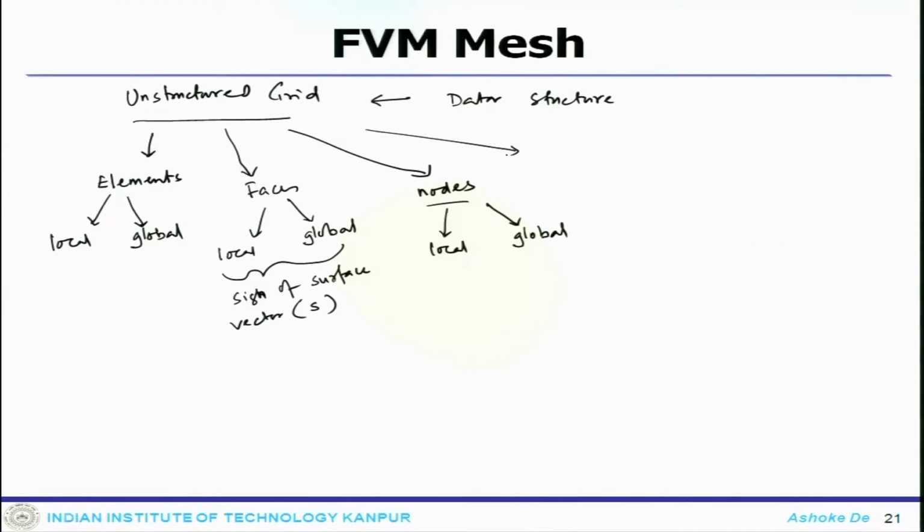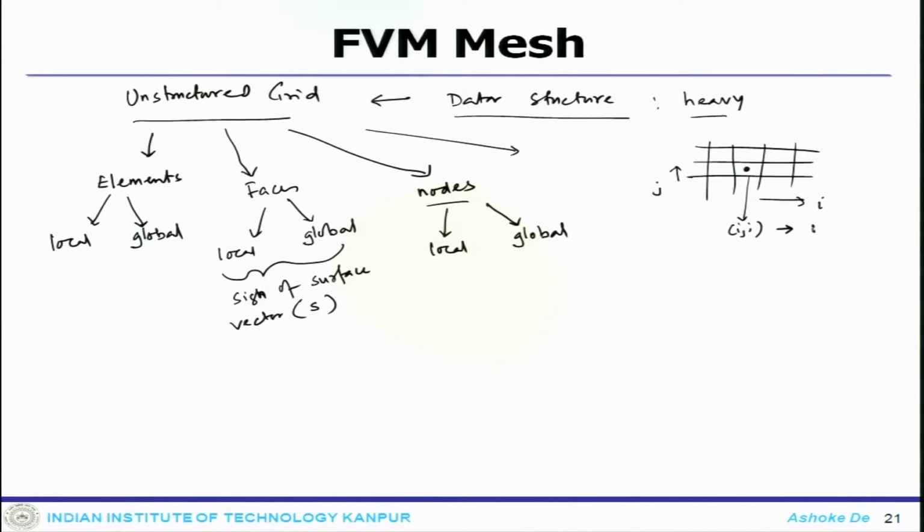So, if you see the handling of the data structure from a programmer's point of view, it is quite heavy. It is not that straightforward as you have seen for the structured cases, because in structured cases everything was nicely ordered. As you go by the i and j loop, you could figure out the i and j element with a global numbering.